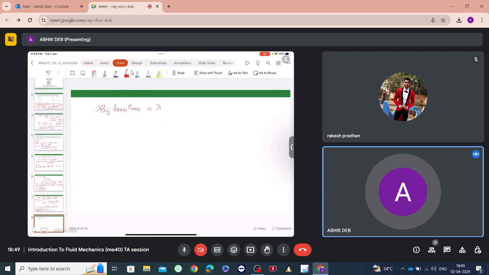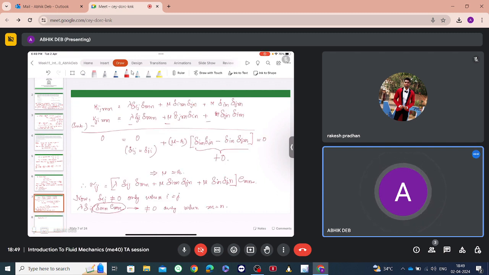Or let us consider the second terms first, not these terms. We are considering this term, delta im delta jn and emn.